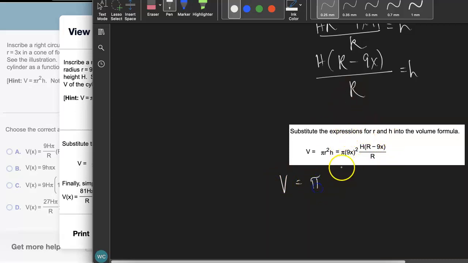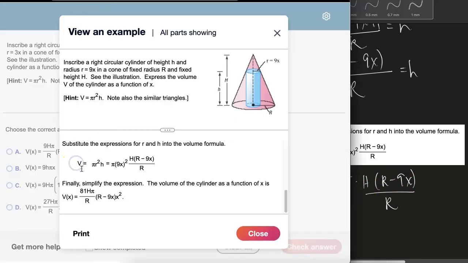We want to square the 9, square the x. We also would multiply by h times r minus 9x over r. And checking back with our expression here, the only thing they did differently was move some of the terms around. We have all the terms in place at this point.